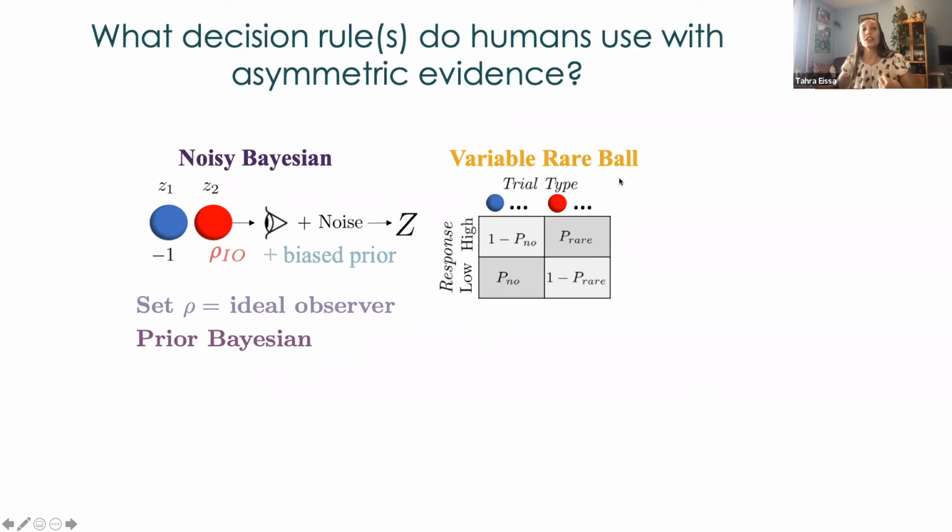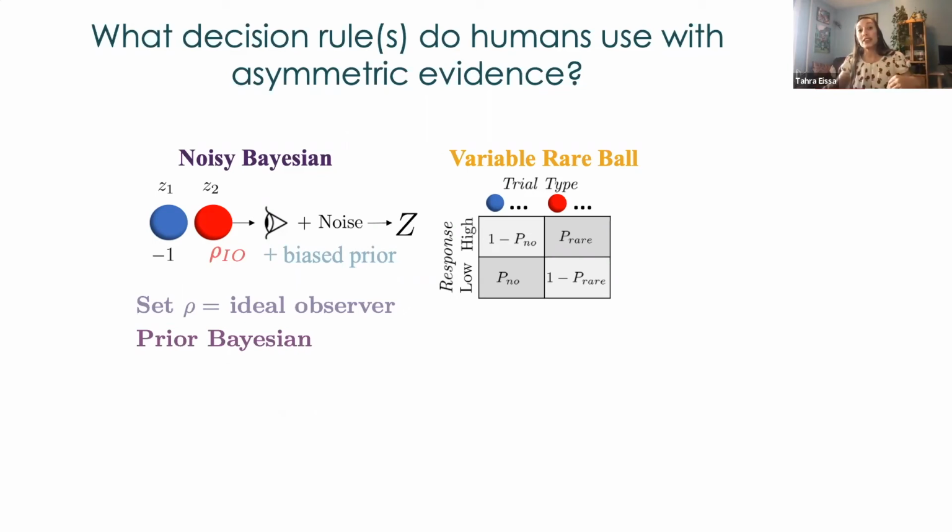So in this case, when we have a variable rare ball model, the number of rare balls needed to be observed in order to respond high is a free parameter. So, right, a subject may like to see 2 balls before they respond high, or 3 balls.